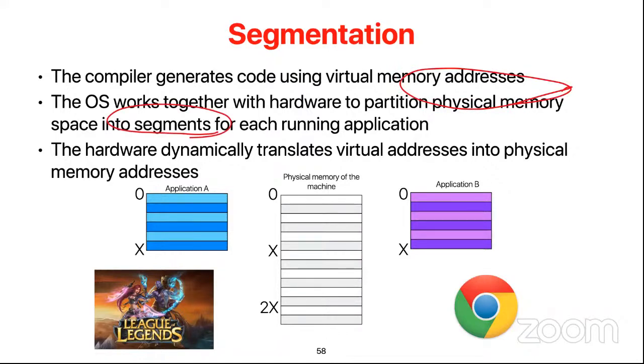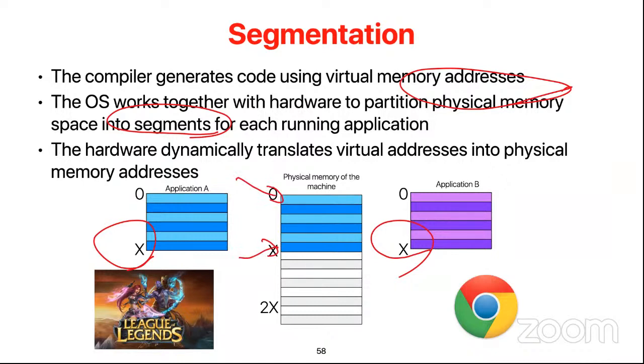The hardware will dynamically translate the virtual address into physical memory addresses. Conceptually, if you have two applications, or two processes, that each have a segment starting from 0 to address X, then maybe 0 to X in physical memory will be allocated to application A. And when you want to run application B, it will start from X to 2X. So everyone gets its own segment in physical memory.